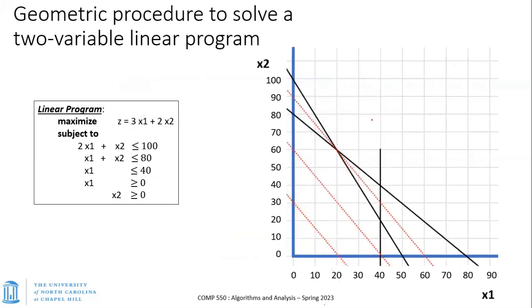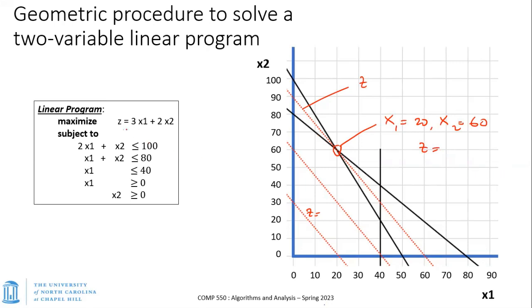But let me just show you the actual result. This is how these lines are. The dotted lines are the ones showing you the different values of z. So this is the line where z is maximum, and you can see that it's intersecting with that earlier geometric shape at this particular point where x1 is equal to 20, x2 is equal to 60. In that case, what is your total revenue? Can somebody tell me?